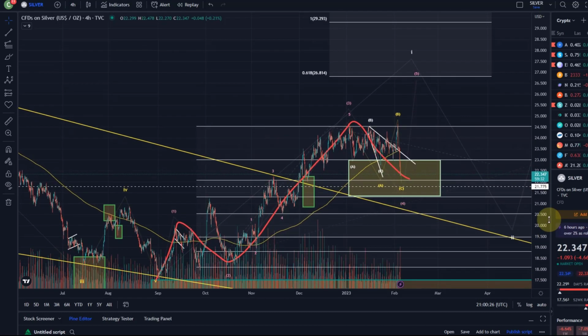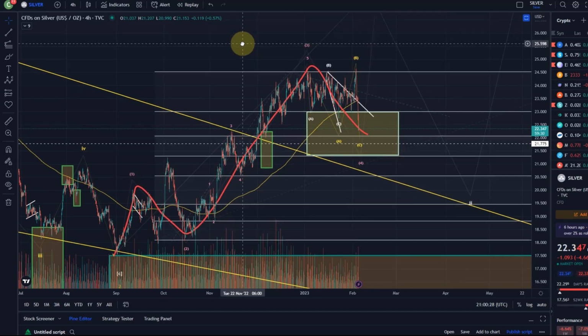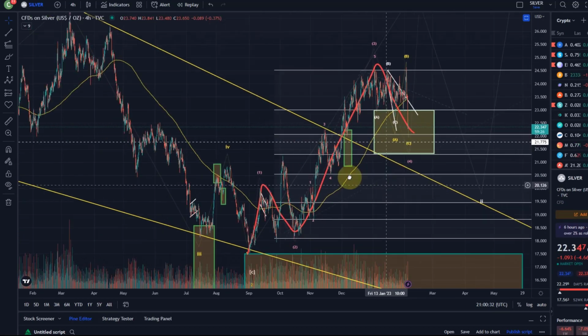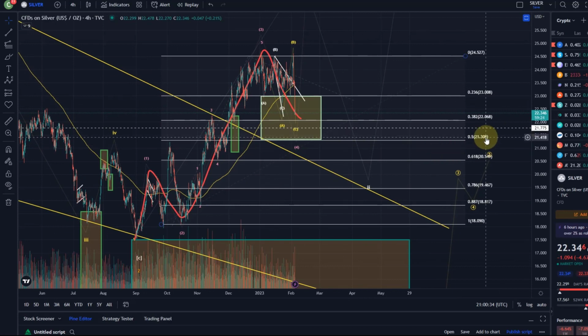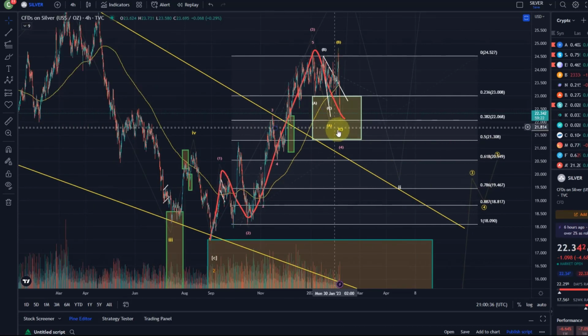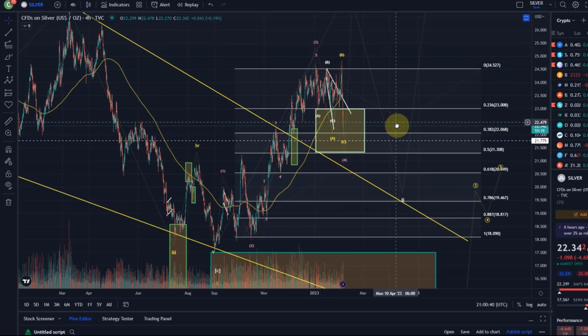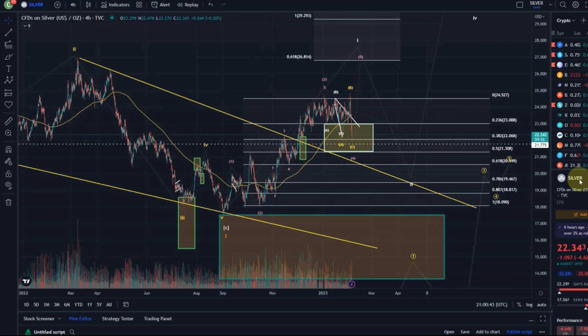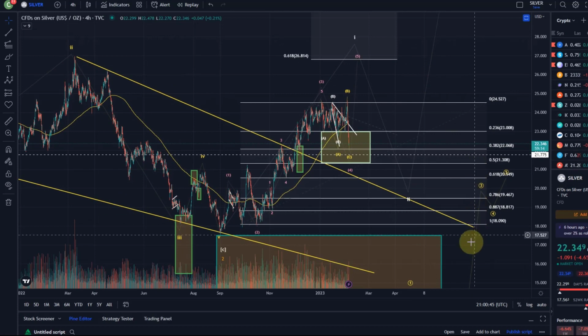As I said, the wave 4 can still go a bit lower, no problem at all. What happens if we break below the 21.31 level? Well, then we have the situation that I already talked to you about in the video before that, and it would align the silver chart really well with the gold chart.